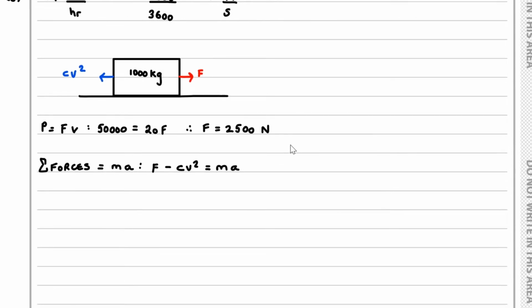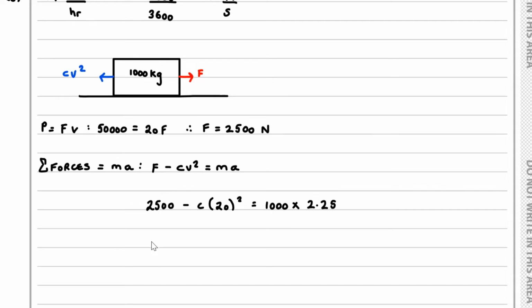So substituting all our known values in, we've got 2500 minus C times by 20 squared. This is equal to 1000 multiplied by 2.25.